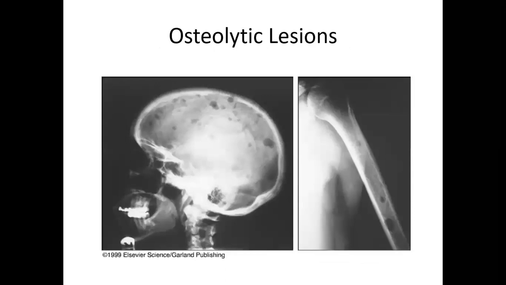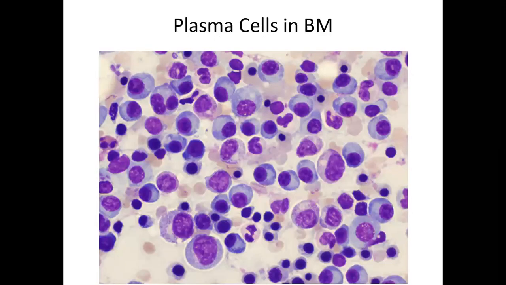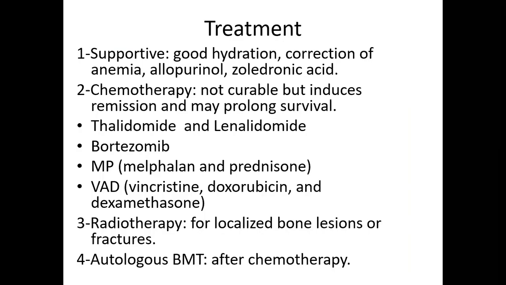And in this photo, we find multiple osteolytic lesions present in the skull and in the humerus of the patient. And the bone marrow will show infiltration by plasma cells. The plasma cells are large cells with blue cytoplasm and an eosinophilic nucleus, which is eccentric. That's to say, it is situated to the side of the cell. It is not central in the cell.